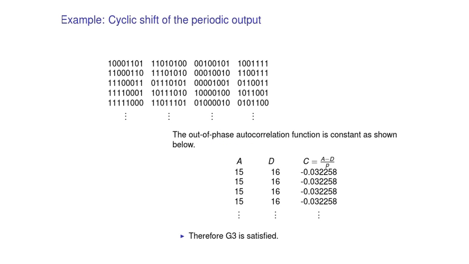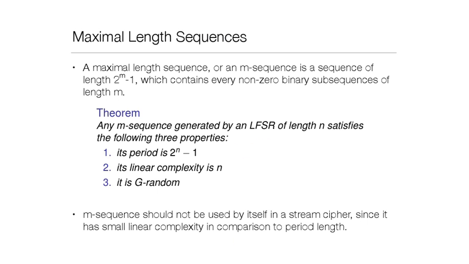So if these three conditions are satisfied, we can say our key stream is G random. So if it is G random, we consider it as a random sequence. That means it looks like noise, like a random sequence. So if the period is higher and the linear complexity is higher and it is G random, then we can say this stream cipher is a strong stream cipher.